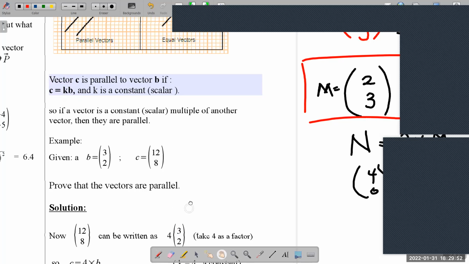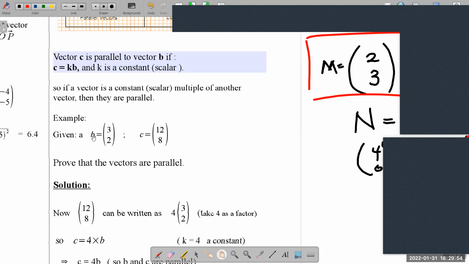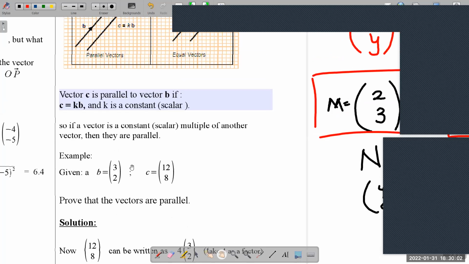Example 1. We have 2 vectors, vector B and vector C. Just by looking at it, before we prove it, what do you guys think? Do you think they're parallel? Yes or no? Even if you're not 100% confident. Very good, because guess what?